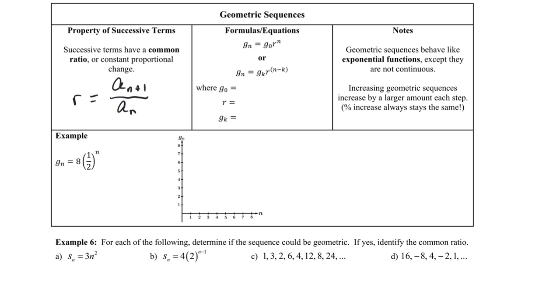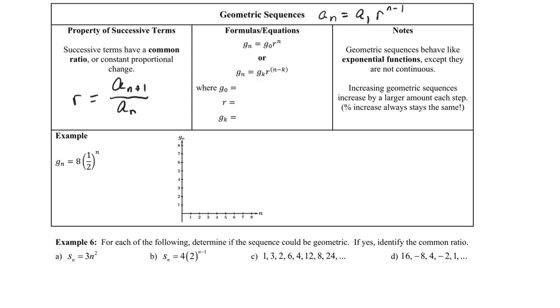If you remember from last year, it looked something like this: a sub 1 times the ratio to the n minus 1, right? Again, we had to know what the first term was to put this in, but it's a little bit easier, I think, to use this one all the time. We did the same thing in the arithmetic. Instead of a 1, we're going to put k.